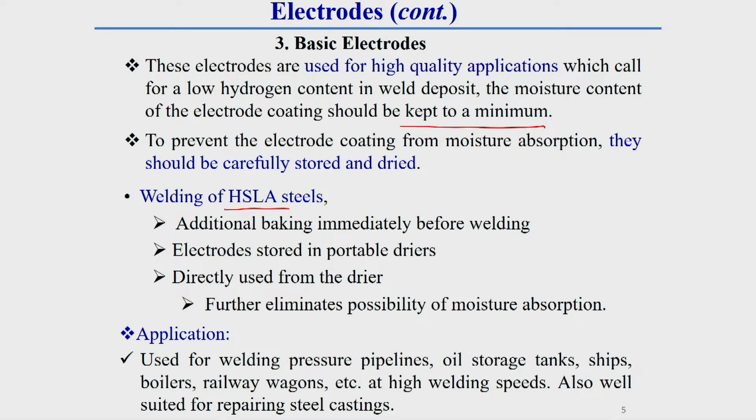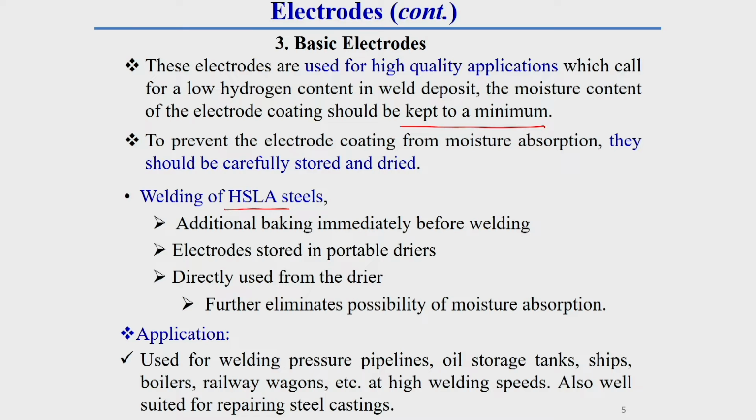Once you go for welding this HSLA steel, generally the basic type of electrode is best suitable. And when we use this basic electrode for welding this type of steel, additional baking immediately before welding is generally used. What is baking?